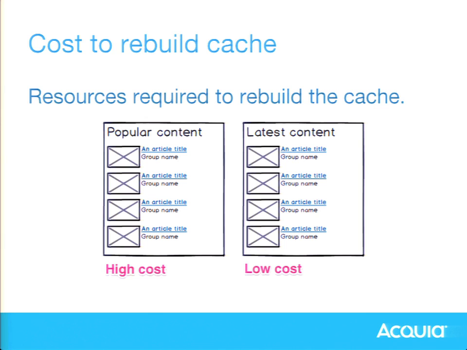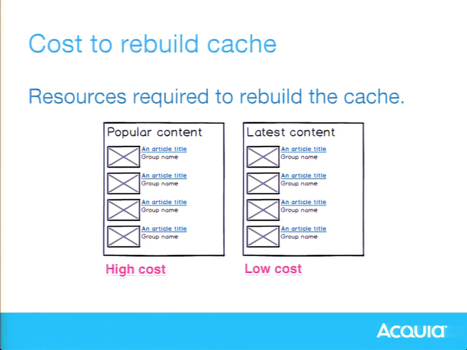So the cost can be quantified as time to rebuild, the amount of time it takes to rebuild a cached item. But you can also think about it as resources. It may not take a long time to run the algorithm to figure out what popular content is, but it might be a very CPU intensive algorithm, or it might require you to run a lot of database queries, that kind of thing.